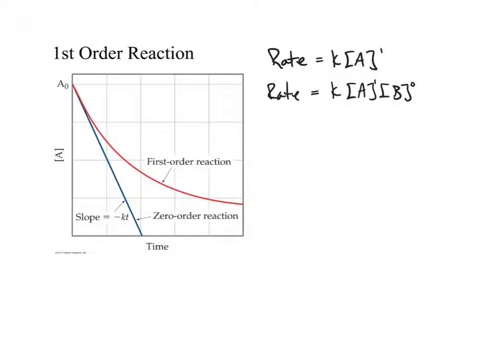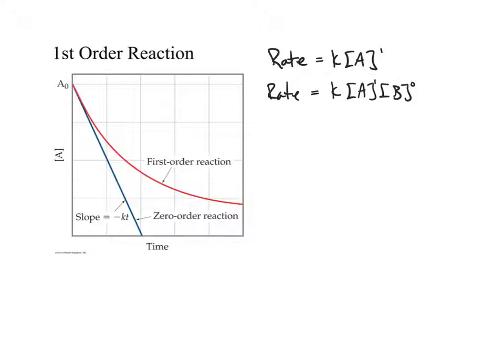Now, I just juxtaposed the first order curve on the same graph to show you what a first order reaction looks like when you graph it in concentration versus time. You get concentration affecting the speed of the reaction. You can see that as you progress over time, the tangent line to this curve becomes less and less steep.